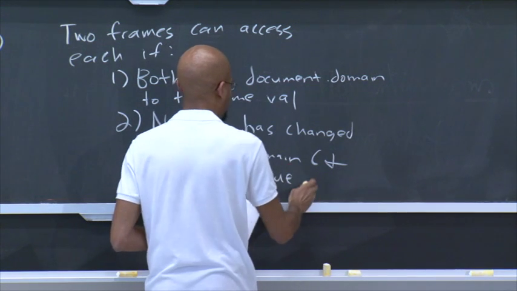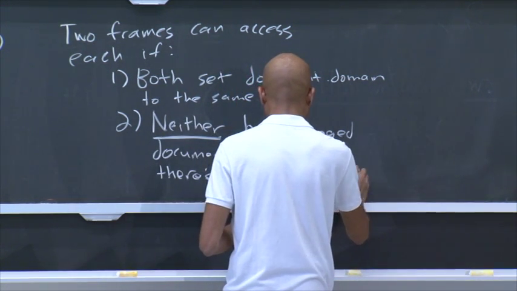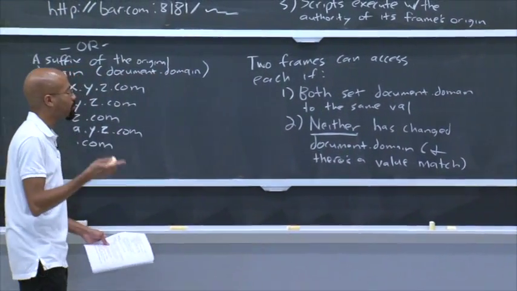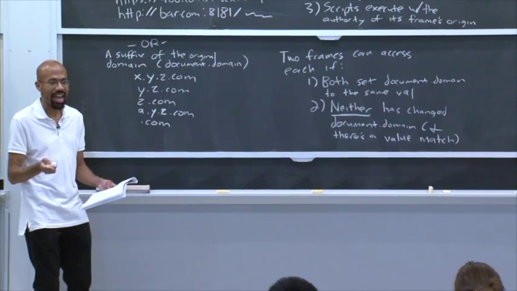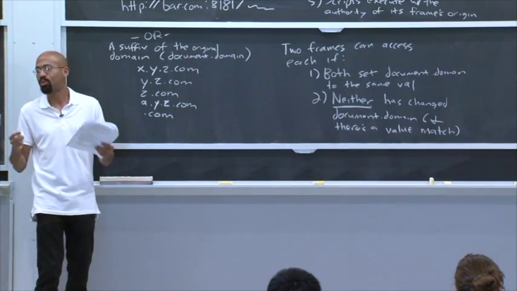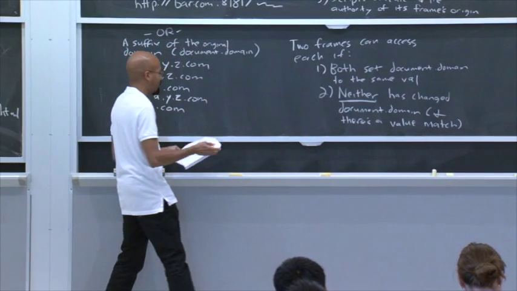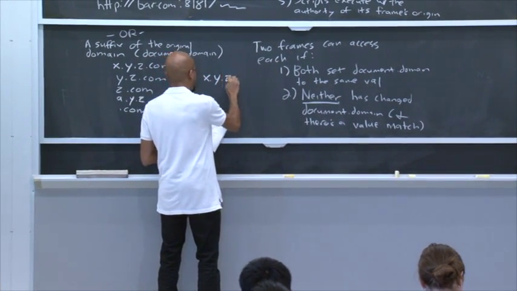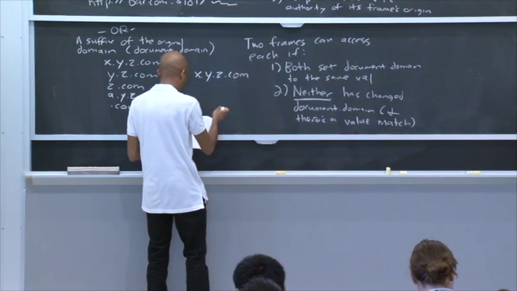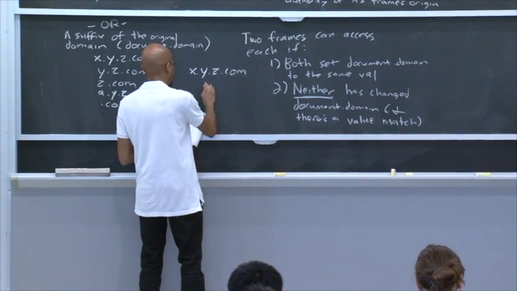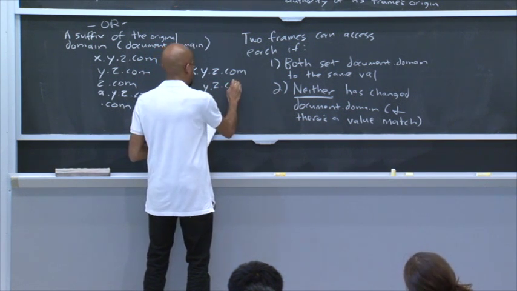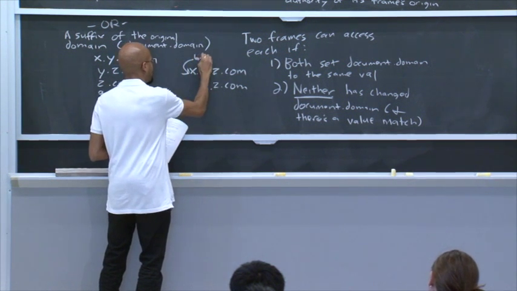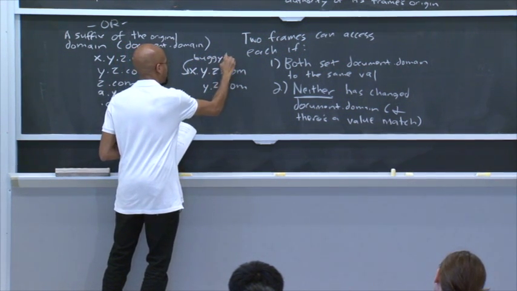The reason for this is a bit subtle, but the basic idea is that these two rules prevent a domain from being attacked by one of its own buggy or malicious subdomains. Imagine that you have the domain x.y.z.com, and imagine that it's trying to attack y.z.com. So this guy up here is buggy or evil.